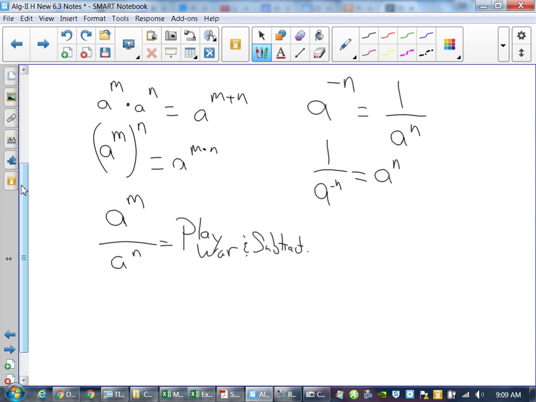Play war and then subtract to figure out where it's going to wind up going. We've been doing all of these all along, but the only thing that'll change is that they'll throw a fraction exponent in there, which means you have to multiply fractions or add fractions. Now, what is anything to a 0 power? 1. Okay.